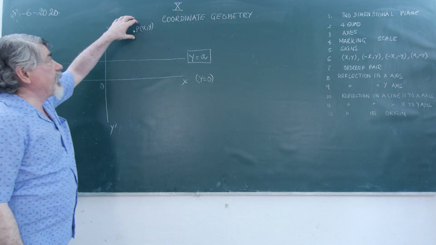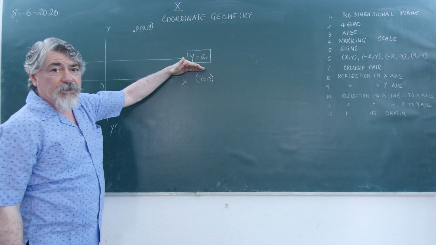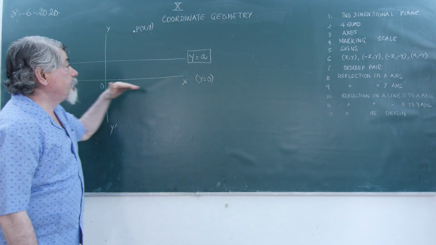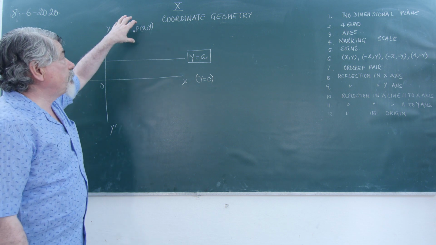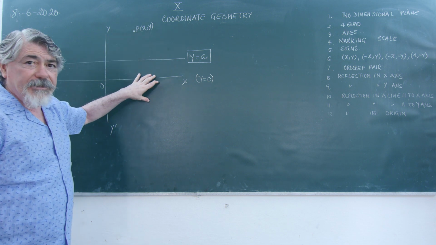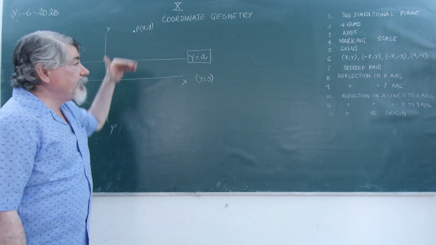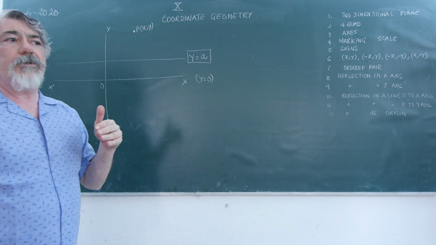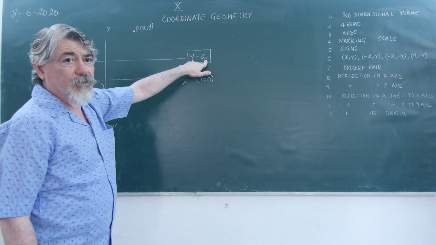I have to reflect this point P (x, y) in the line y equals a, and not in the line y equals 0. That means I'm not reflecting P in the x-axis, but in a line which is parallel to the x-axis, whose equation is y equals a.